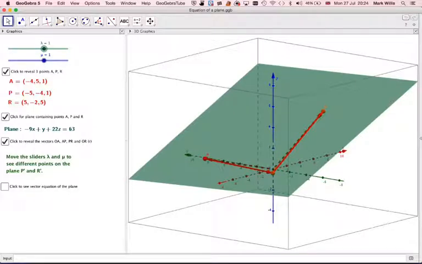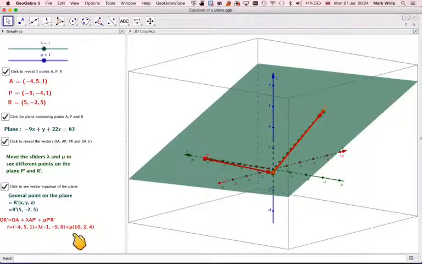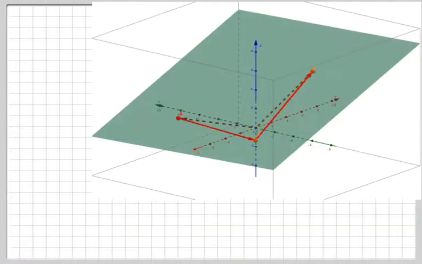So in order to make the equation of the plane, i.e. to get to any general point on the plane, what I need is OR equal to OA plus some multiple of AP plus some multiple of PR, and this is the vector equation of the plane. If I look at it from this point of view, there's a point A, there's a point P, and that's a point R, and R is some general point in the plane.